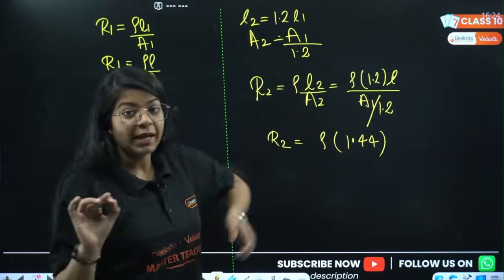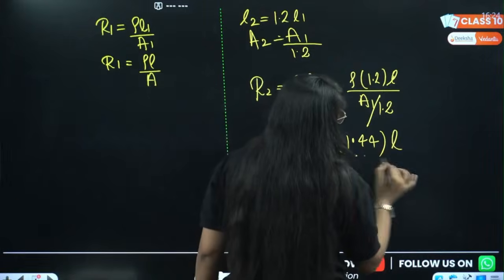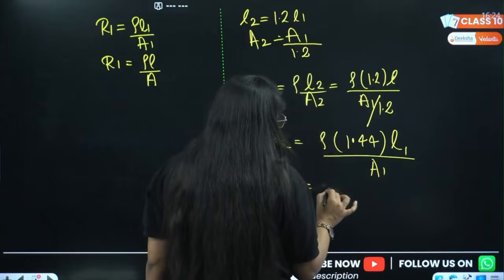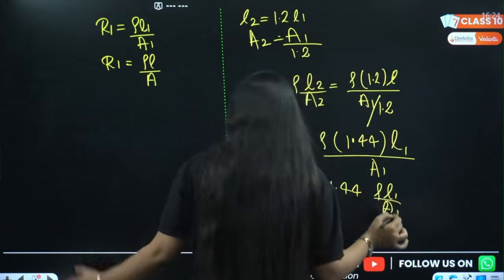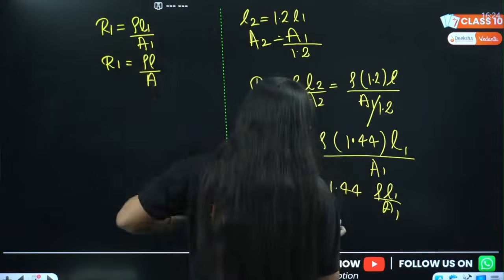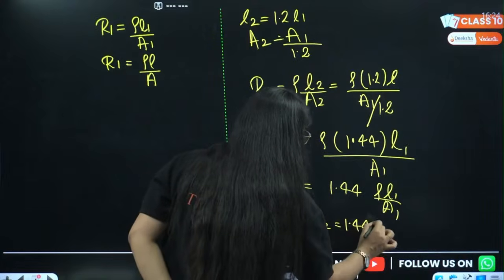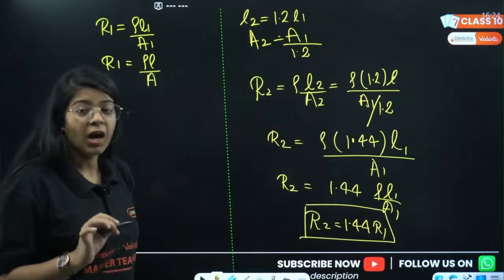I want you to do the calculations. 1.2 into 1.2 L by L1 by A1. So R2 equals 1.44 rho L1 by A1. Now rho L1 by A1 is what? That is my R1. So R2 is 1.44 R1. Understood?